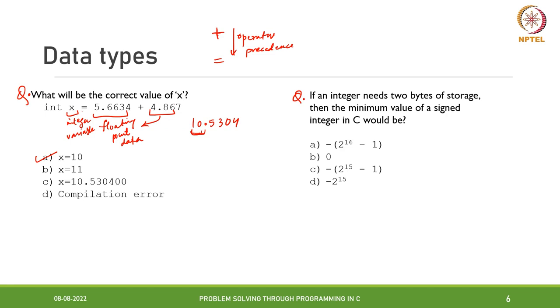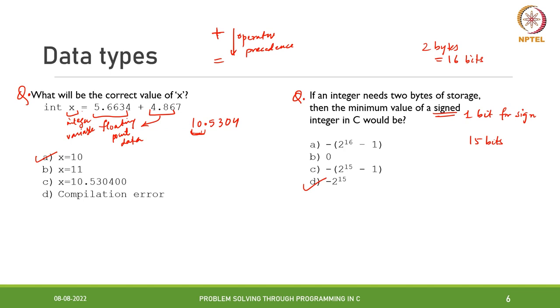All right, so here the answer is option D. And why is that? I told you that 2 bytes means it's 16 bits, right? Now 16 bits, it's a signed integer. That means 1 bit for the sign, so we have 15 bits now.